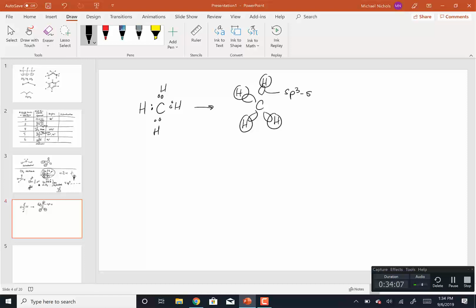Since these overlap head to head, and a spherical orbital has no choice but to overlap head to head with the hybrid orbital, when you have head-to-head overlap of the orbitals, that's called a sigma bond. So that's where the hybridization comes from.